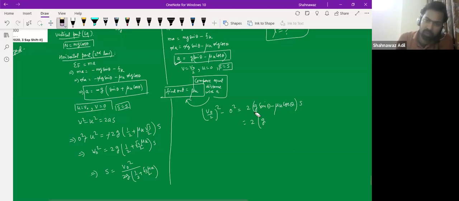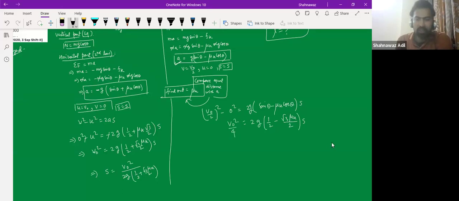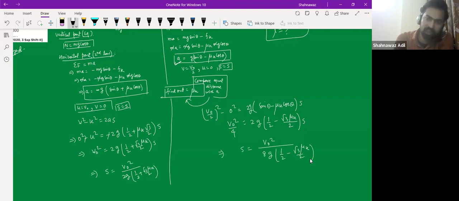So g is common in here. And we have half minus root 3 mu k divided by 2 and s. And this is v naught square by 4. So what is s in this case? S is v naught square by 8g, and then 1 by 2 minus root 3 mu k by 2. Right, so this is the answer.